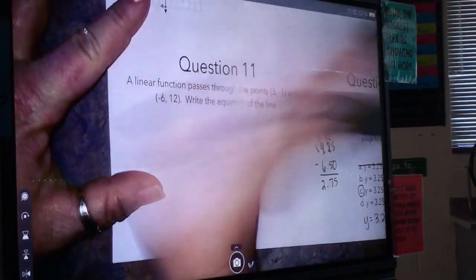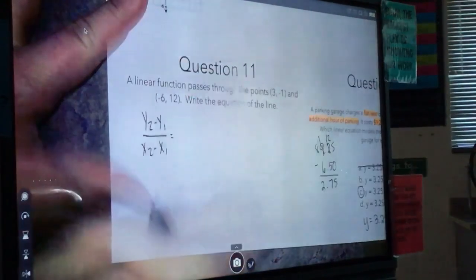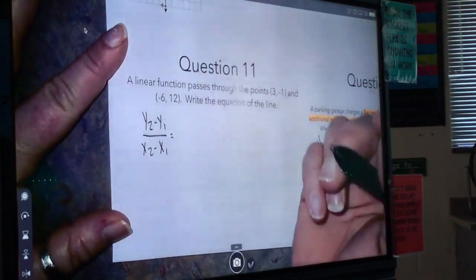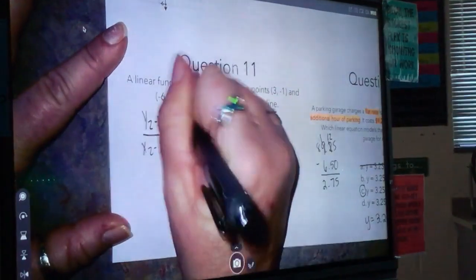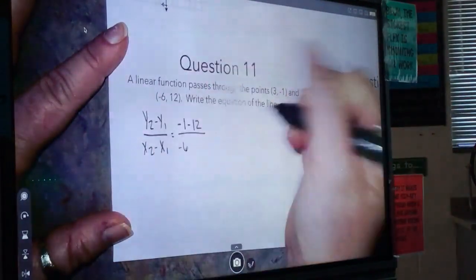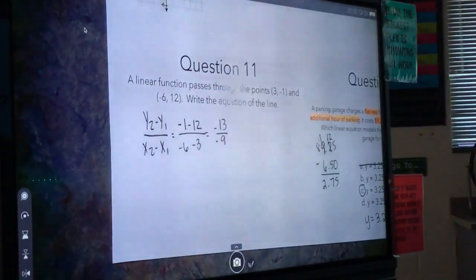All right. What do you have to start with in order to find your slope? Y2 minus Y1. So you're going to do that, Y2 minus Y1, and you end up with negative 13 over 9.